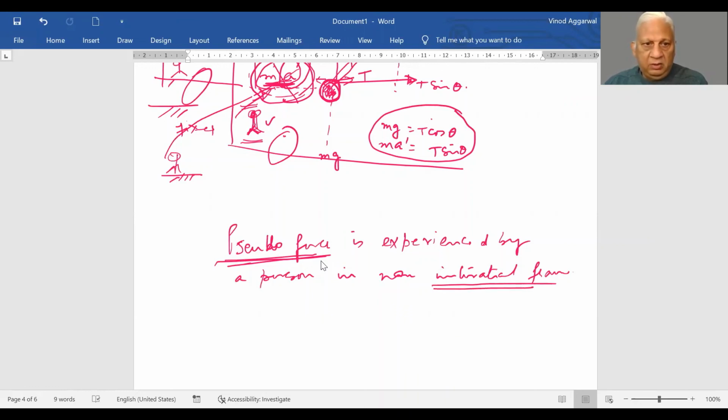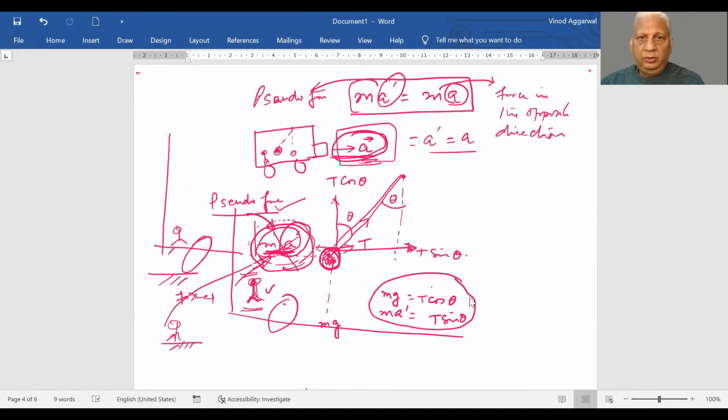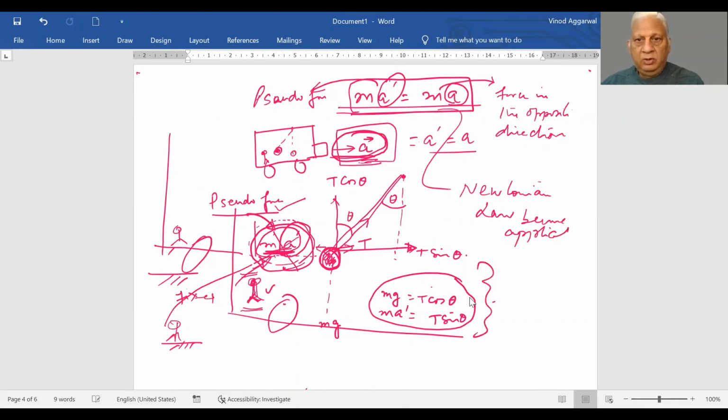If you are a person sitting on fixed ground or an inertial frame, you will not see this pseudo force at all. Now, once you make pseudo force applicable in a moving frame, then Newton's laws start becoming applicable. These are Newton's laws, they become applicable.